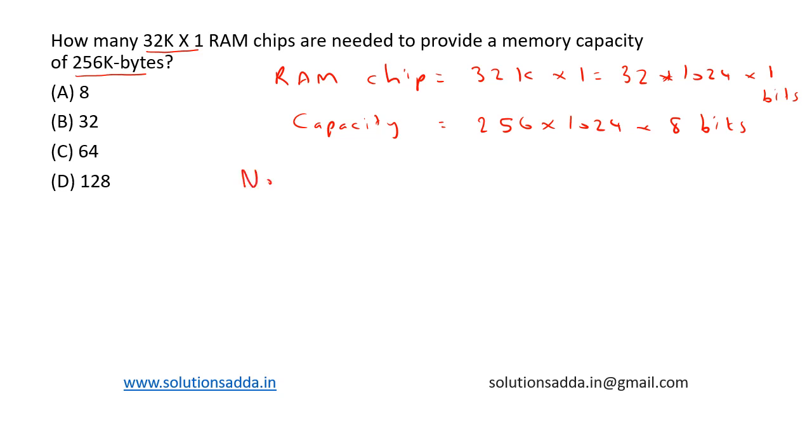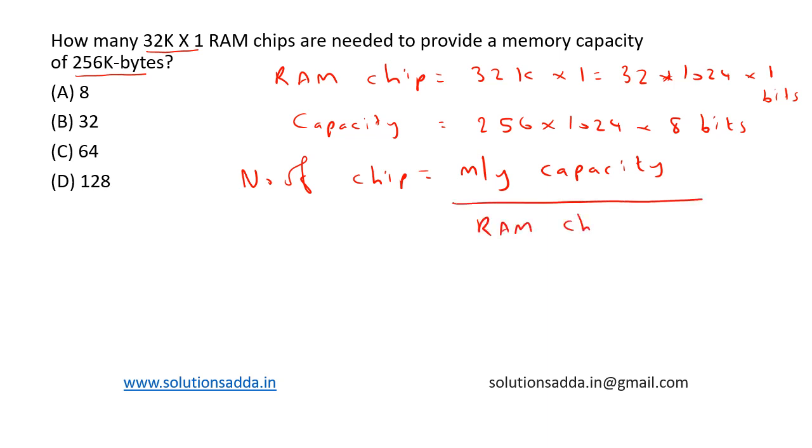Now, number of RAM chips is equal to memory capacity divided by RAM chip capacity.